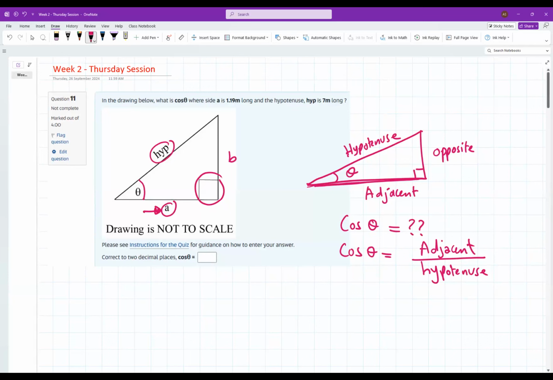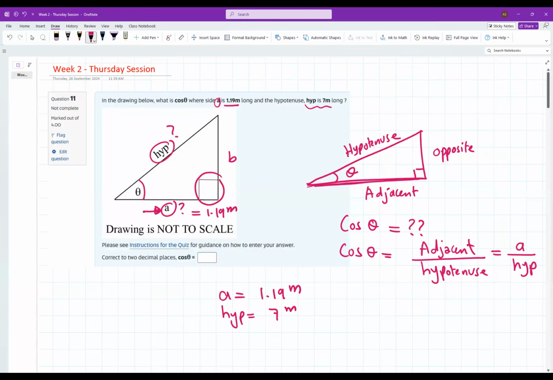A. So it will be A over the hypotenuse. To know the cosine of this angle, we need to know what the hypotenuse is and what A is. If we look at the question, we have A given as 1.19 meter, and the hypotenuse equal to 7 meter.